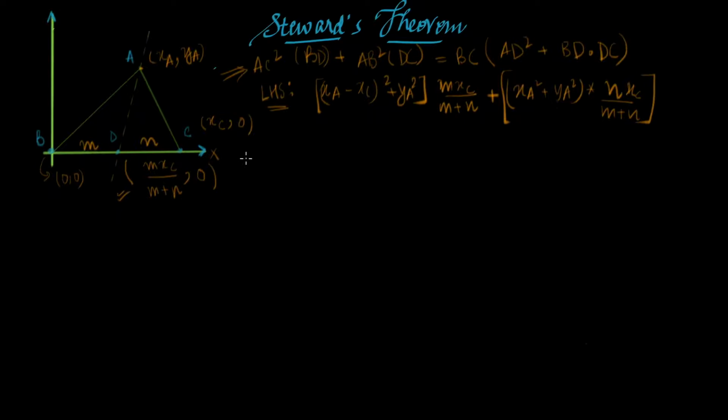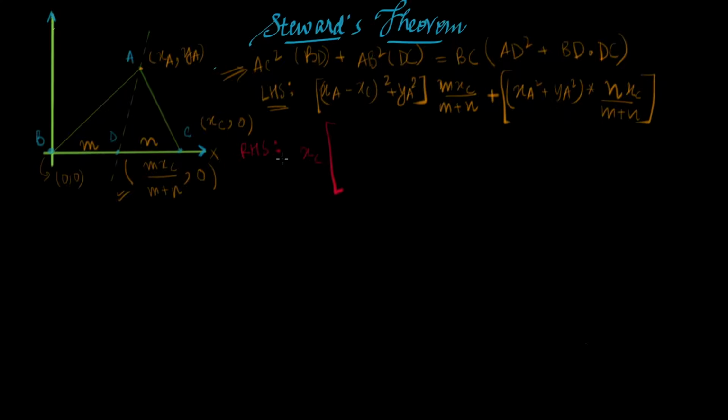What about the right-hand side of the equation? Well, let me write that in red. So the right-hand side of the equation follows as so. BC, which is this whole length, that is just x sub C, multiplied by AD square.